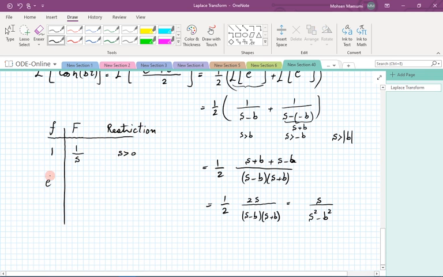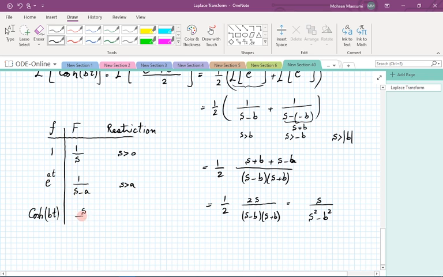Then we had exponential of at was 1 over s minus a. Then we have cosine hyperbolic of bt. I used a different letter so things don't run into each other.